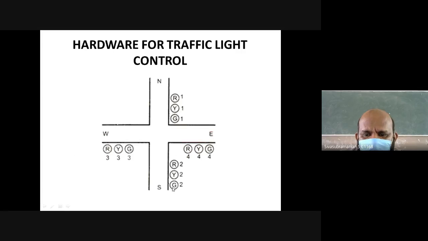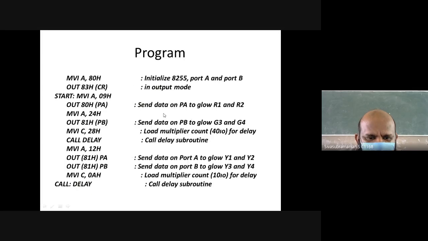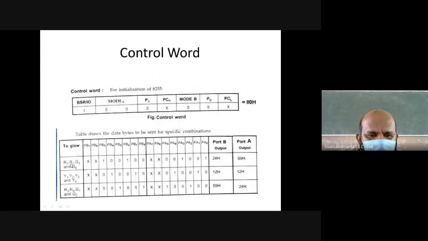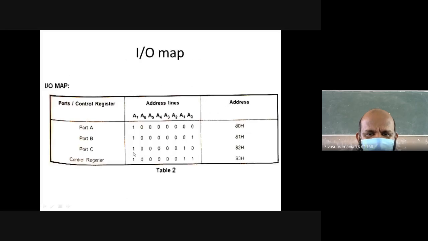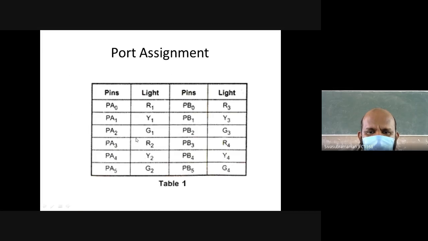That means the direction from west to south, west to east, and east to west is available, while north to south and south to north is with red color indication. Okay. So at that point of time, for R1, R2, G3 and G4, you will have to come back to this port. R1, R2, what are the pin numbers connected? PA0 and PA3. And again for G3 and G4, it is PB1 and PB5, right?